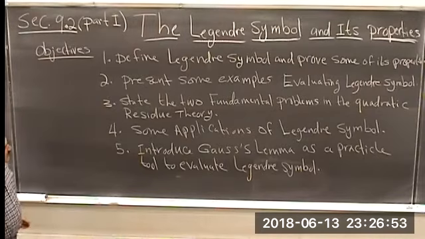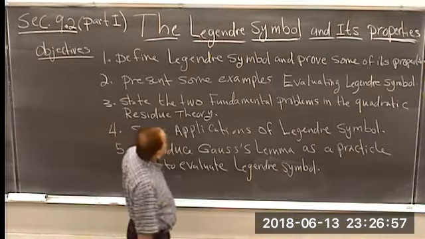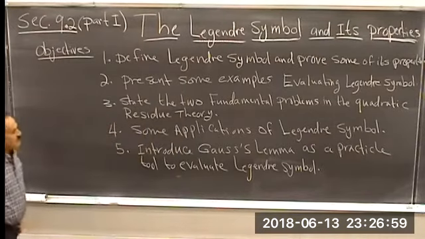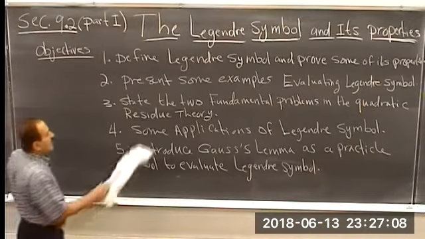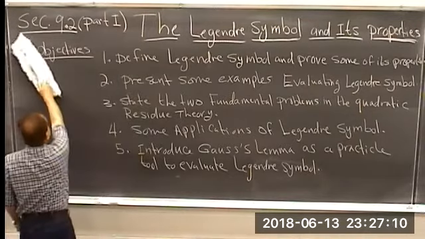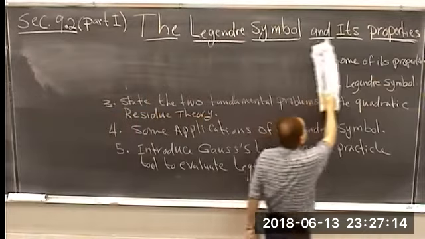We're going to start with the definition of the Legendre symbol, and as I said, it is sort of an indicator of whether a certain integer is a quadratic residue for an odd prime or a quadratic non-residue. All right? So keep that in mind as we put the definition.